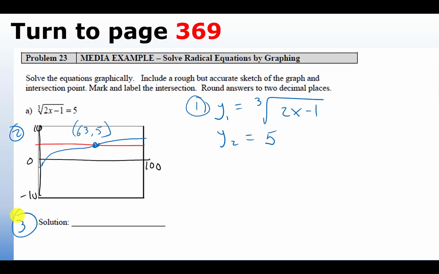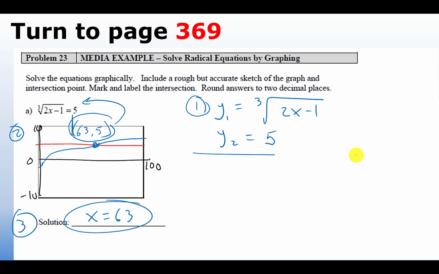Step 3 is explain. What does this point tell me about solving that equation? Now, the point on the graph is not solving the equation. The equation needs to be solved for x. So the x number that we want is x equals 63. That's our solution. We're all done.